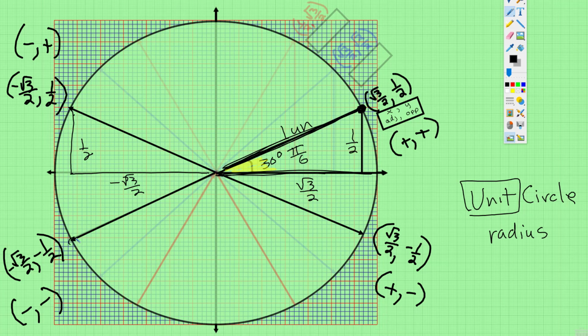And if we put a point right there, we went over negative root 3 over 2, and we go down negative 1/2. And if we put a point right here, we go over positive root 3 over 2, and we go down.